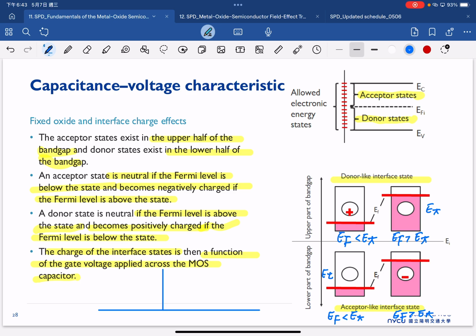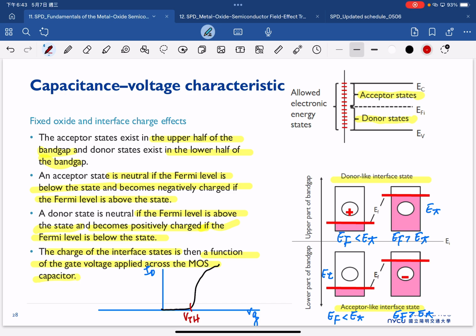So we are always interested to understand how this state charging will influence our IV characteristic. If you look at the ID-VG, drain current versus voltage, in the beginning we have this fresh curve. That's a threshold voltage, right?